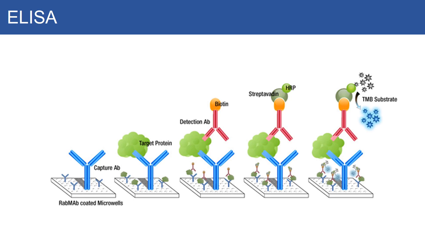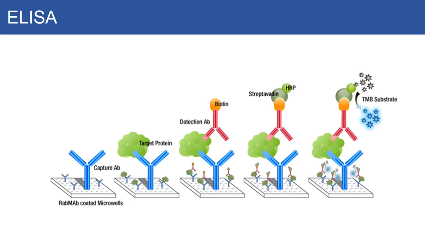So you put an avidin tag on an HRP that is going to bind to a biotinylated antibody, and then you put your TMB substrate and the well turns color if there is a binding, if there is a complex.